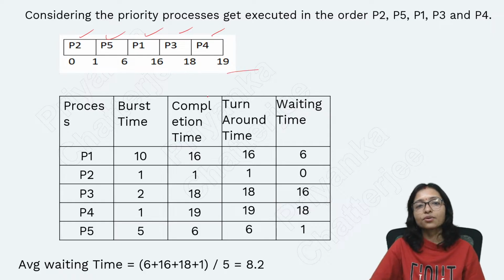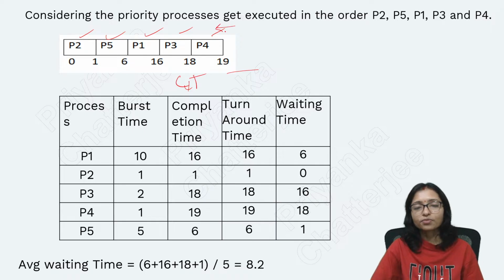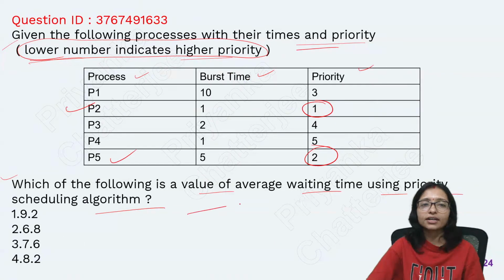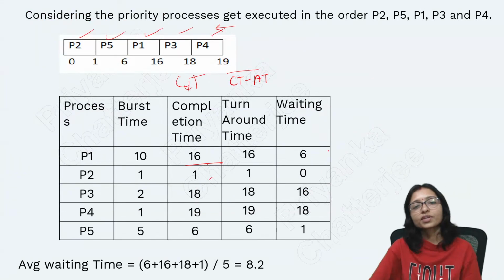After the Gantt chart you have to think about the completion time, that is C. You fill in the completion time this way. Turnaround time means completion time minus arrival time. So 16 minus, here arrival time is not given. You can see that no arrival time is given here, so turnaround time and completion time will be the same.